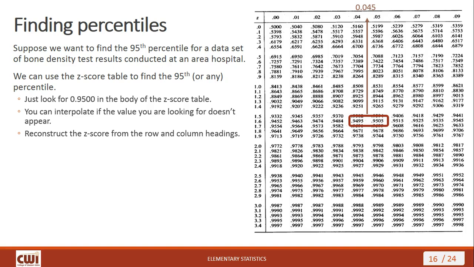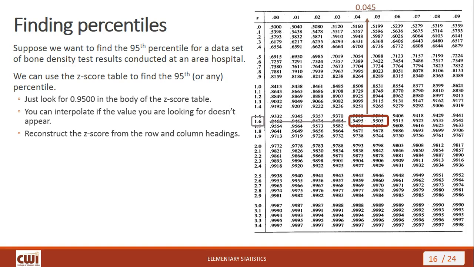So if we had a column heading that was exactly in the middle, then the 0.95 would be listed. So what we're really looking for as our column heading is 0.045, directly in the middle between 0.04 and 0.05, just like 0.95 is directly in the middle between the two values that are listed in the table, 0.9495 and 0.9505.